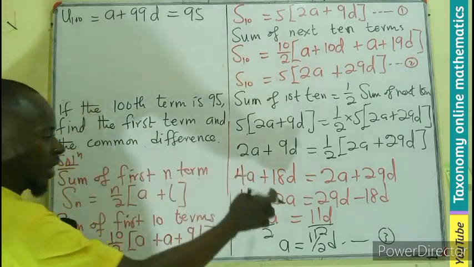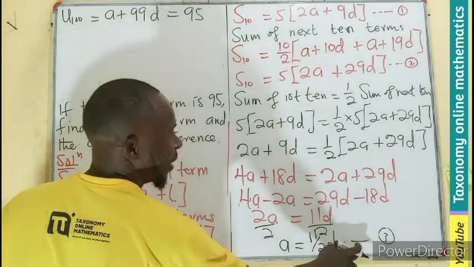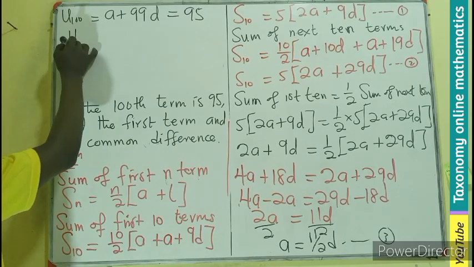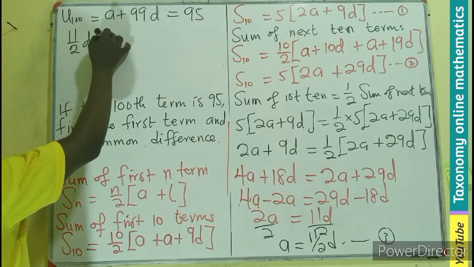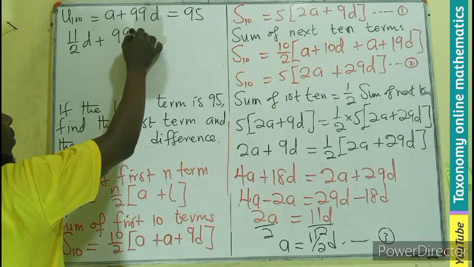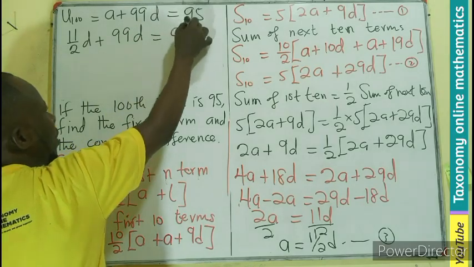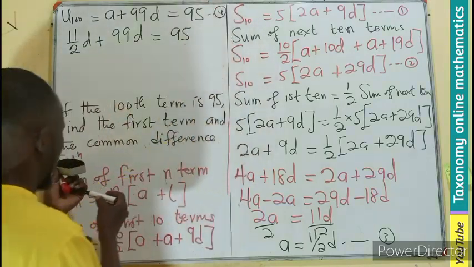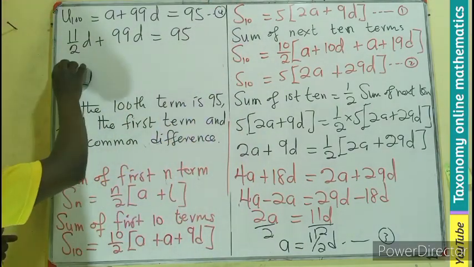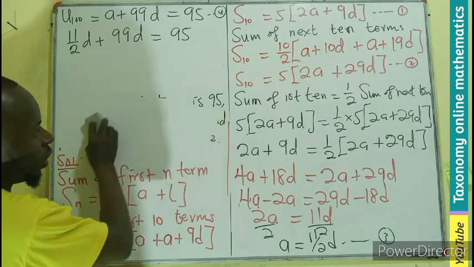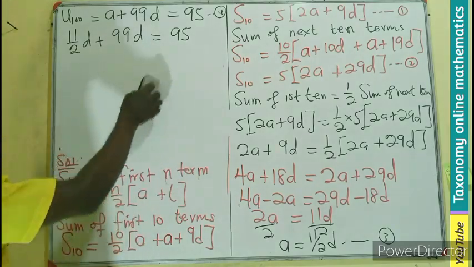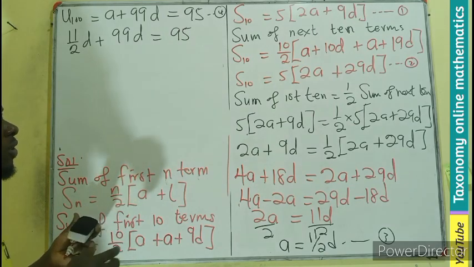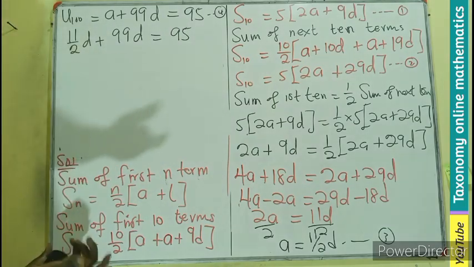So if this is 95, we can find any of them. A is already known in equation 3. So this becomes 11 over 2 d plus 99d equals 95. So I believe this will be our equation 4. If we put equation 3 into equation 4, this is what we will have. We can multiply both sides by 2 to clear the fraction.